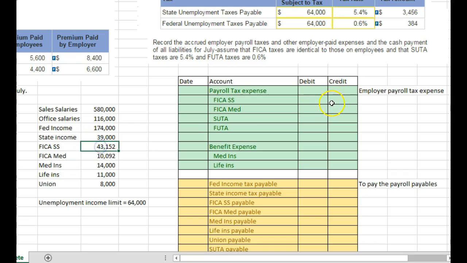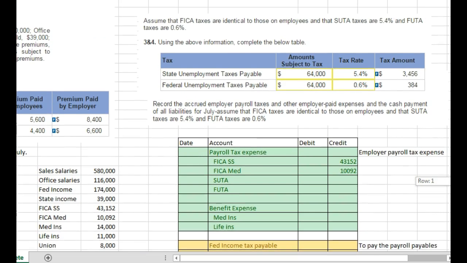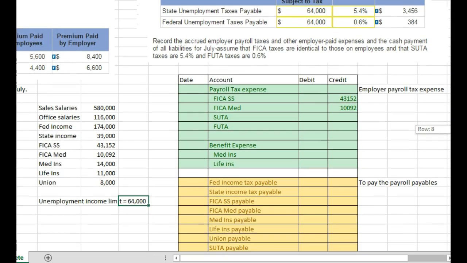Well, the FICA Social Security is a match. It's the same amount that the employee pays. The FICA Medical is the same thing. And SUTA, and that's where the $64,000 came into play, they only pay unemployment taxes on $64,000.